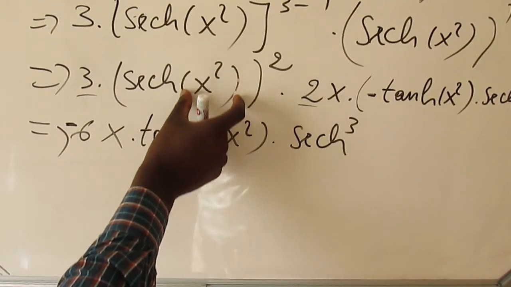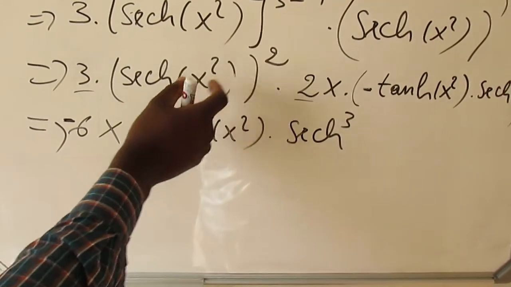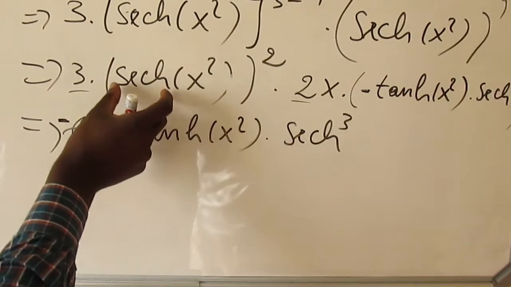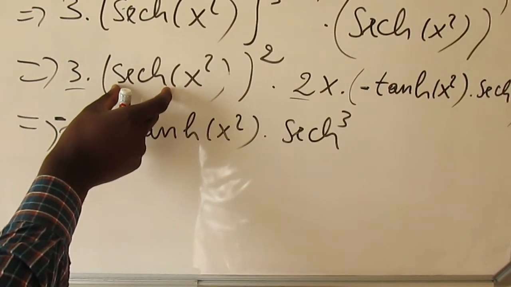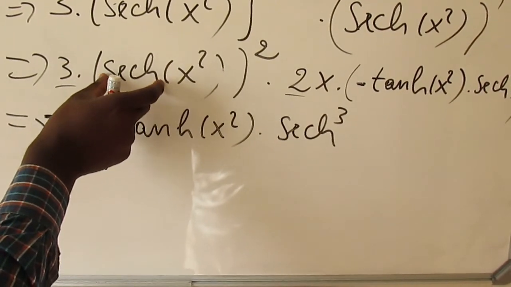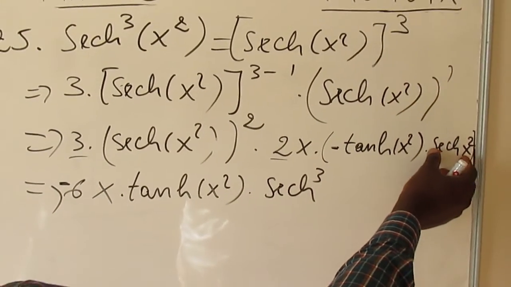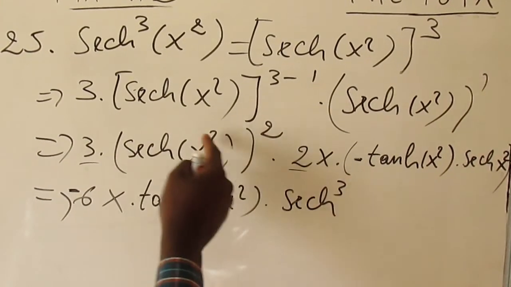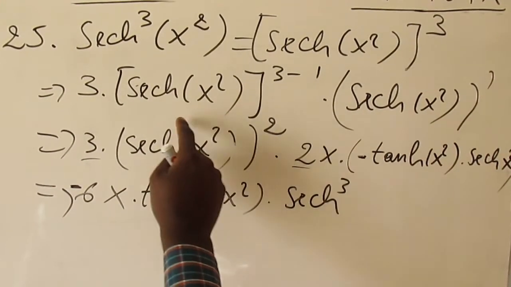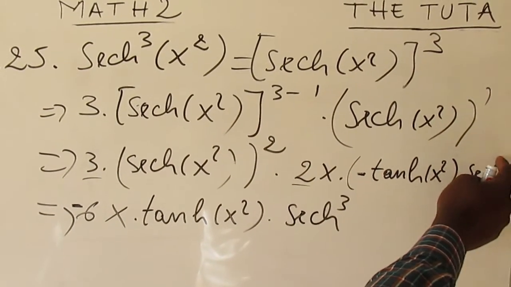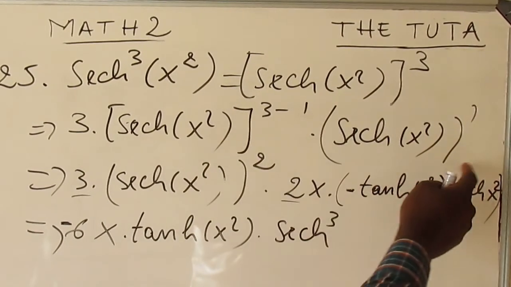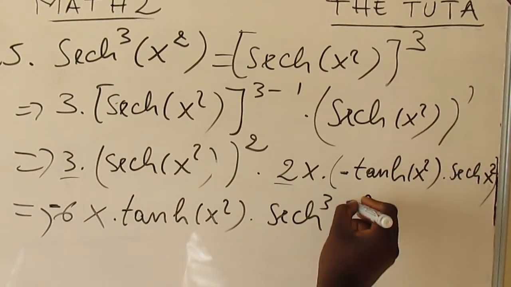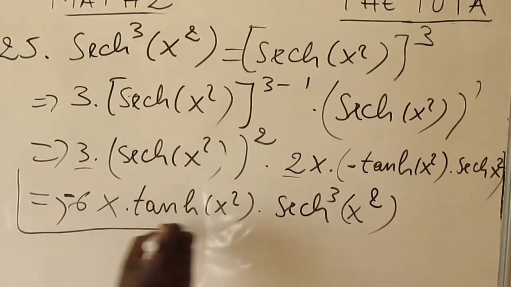This is the angle. We don't put the power on the angle, we only take the power for our hyperbolic function. So it's sec squared multiplied by sec, and we add the powers, 2 plus 1, which is 3, and the angle is x squared. So this is your answer.